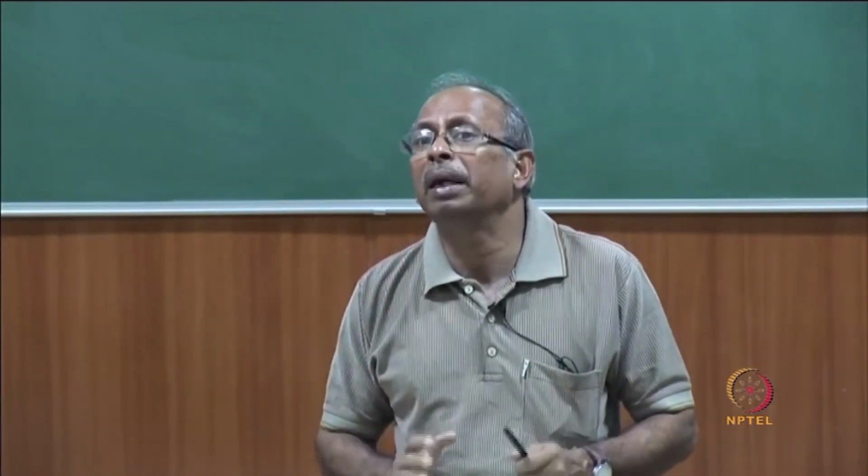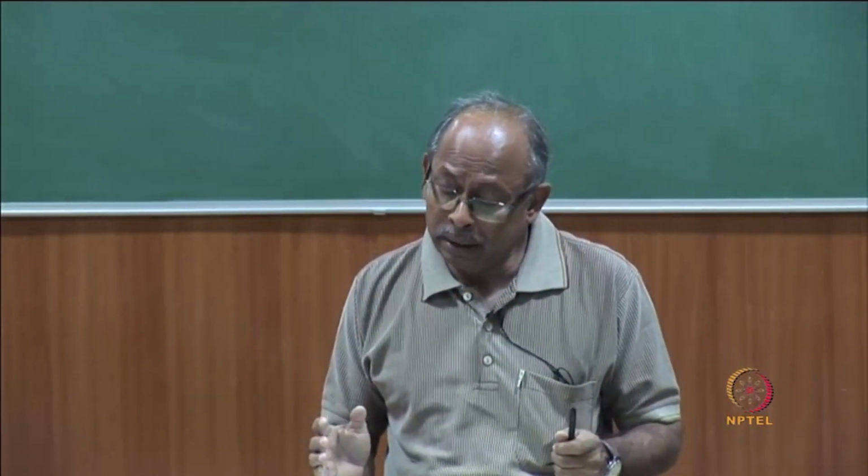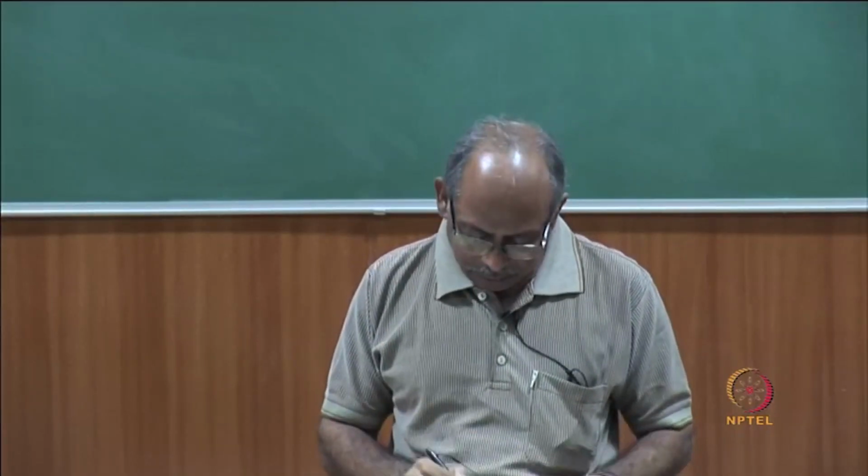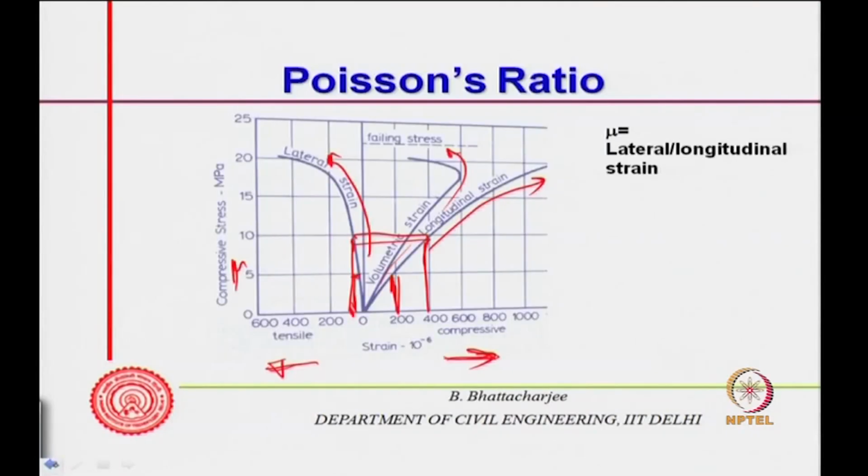and that would have caused lateral strain to increase at a faster rate than the longitudinal strain. This is manifested in this diagram also. Suddenly, the lateral strain starts increasing in a faster manner; earlier it was increasing slowly. The longitudinal strain is almost close to linear, with slight variations, but the lateral strain increases at a much faster rate.